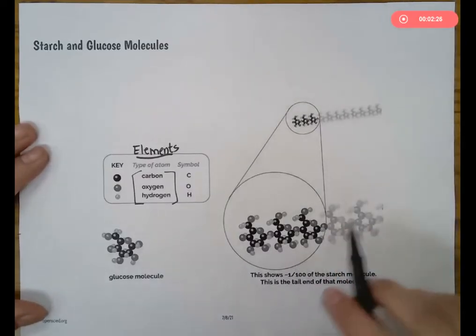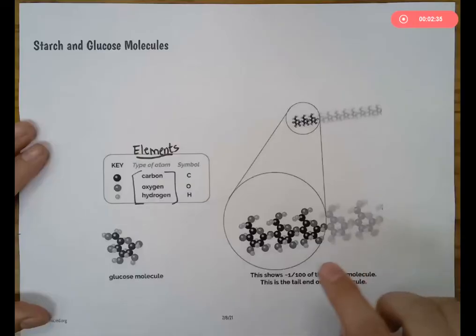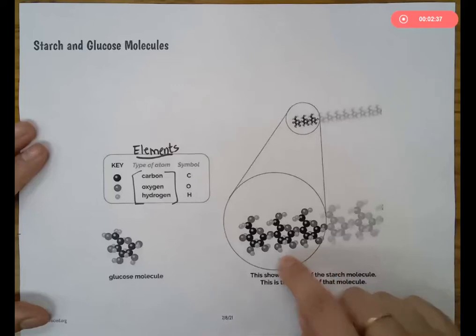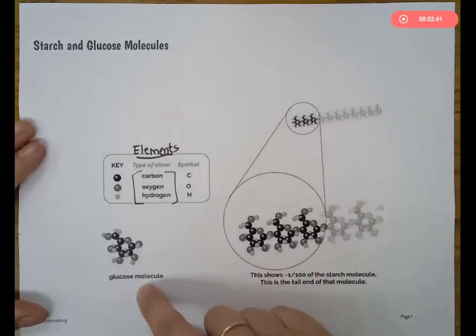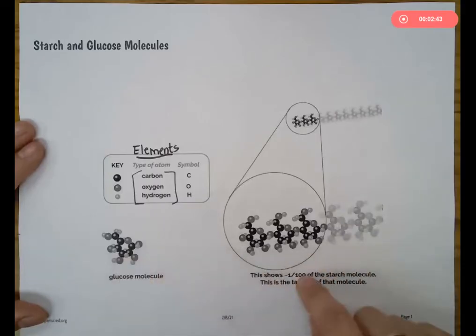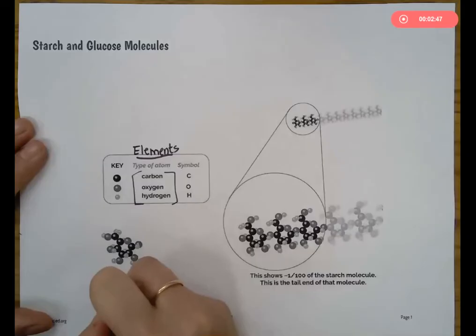So we have our glucose molecule here, and we have our starch molecule. We're going to look at these two things. Let's start with what these two molecules have in common. Actually, let's write their names really big right here.